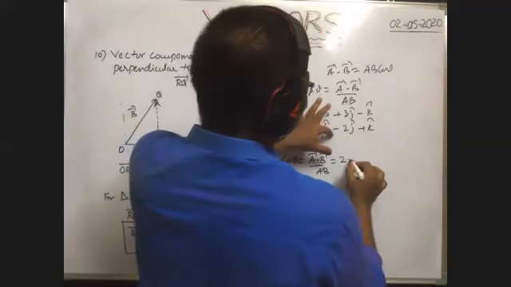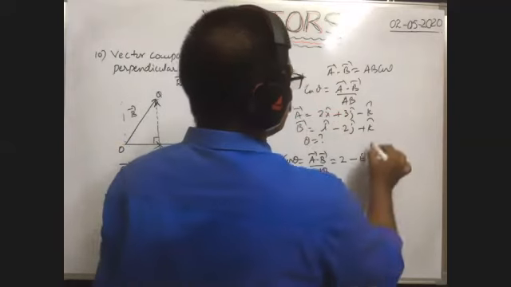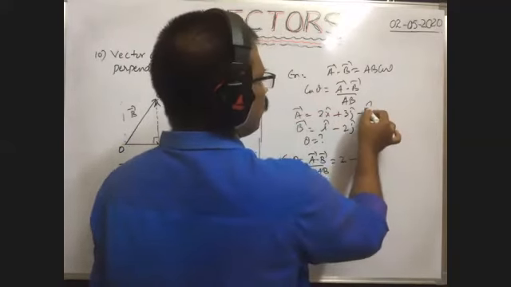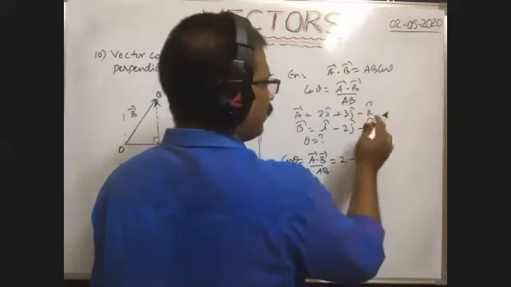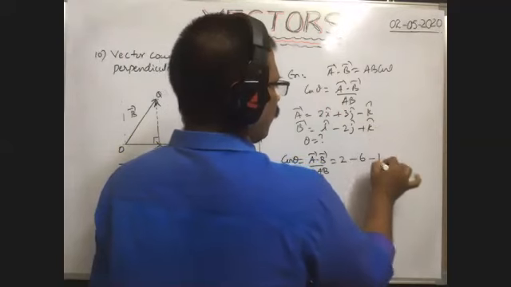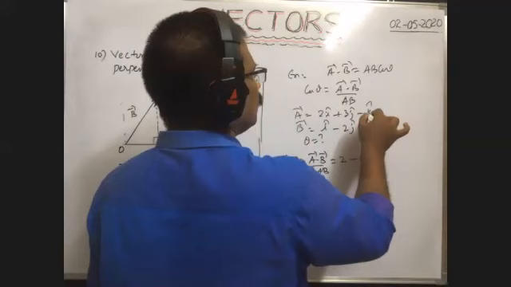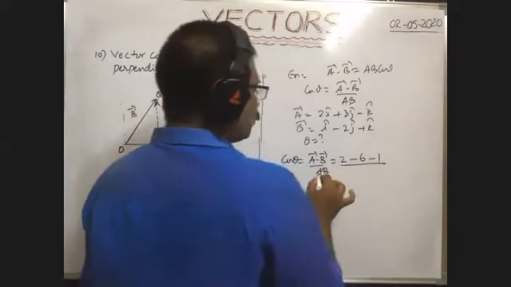The y components product: 3 into minus 2, minus 6. The z components product: the k cap coefficient is 1 here in both, so 1 into 1, but with the minus sign already written, minus 1. So the sum is minus 5, whole by the magnitude of A bar.